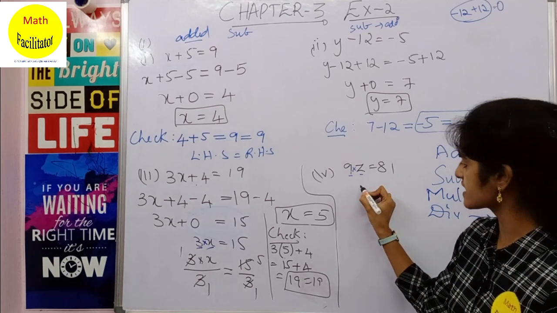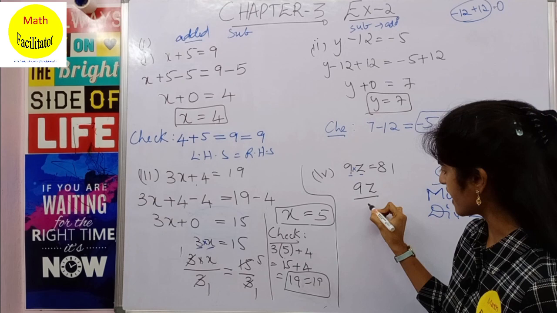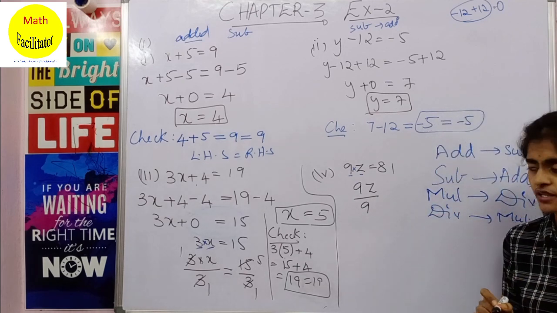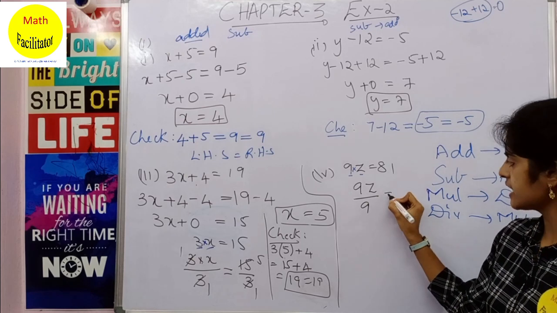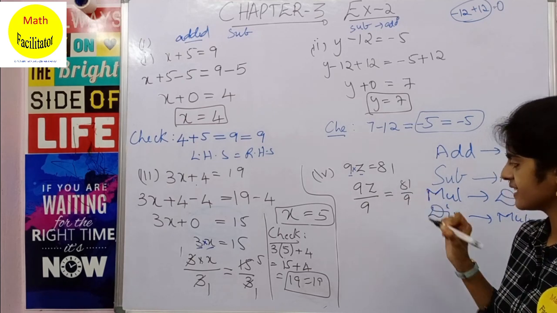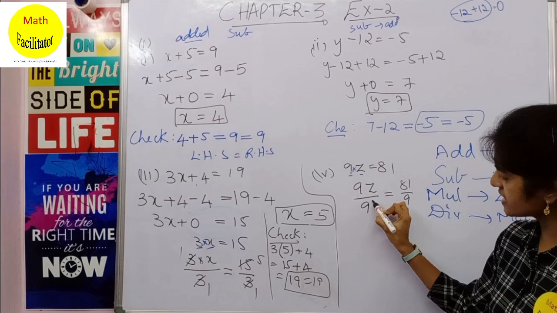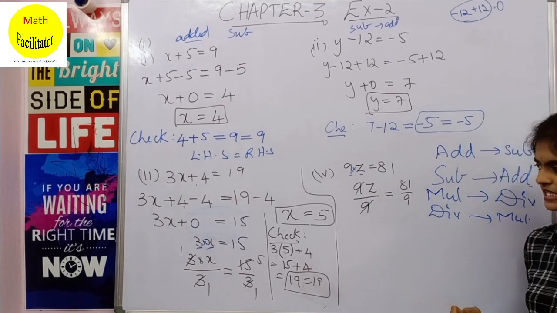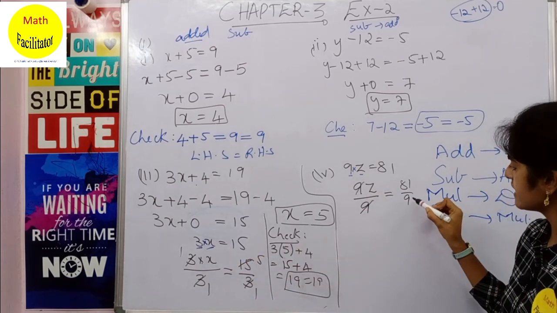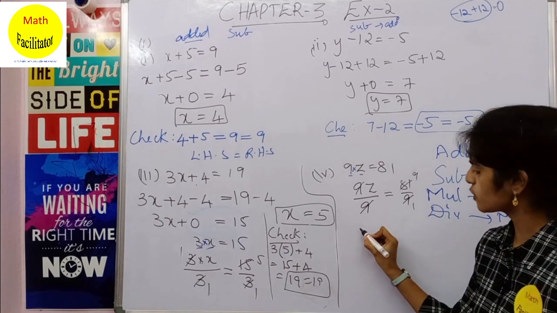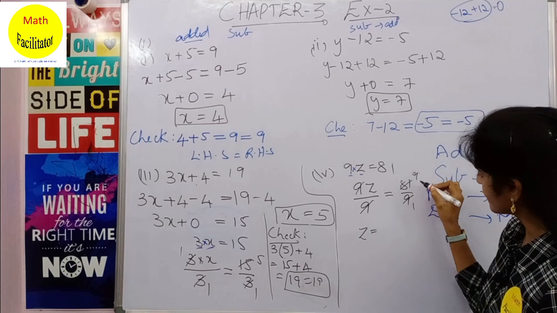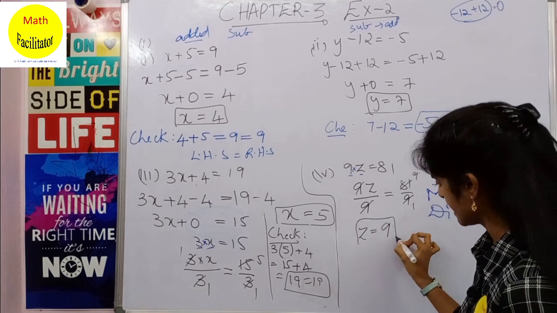So this is 9z divided by 9, equal to 81 by 9. This 9 and this 9 get cancelled, and here 9 nines are 81. So z equal to 9 by 1, which is nothing but 9.